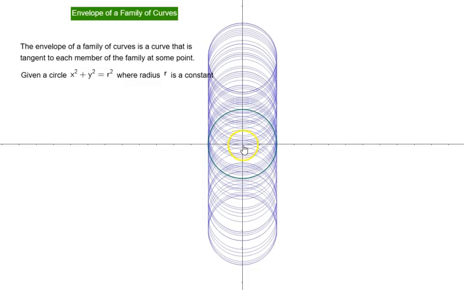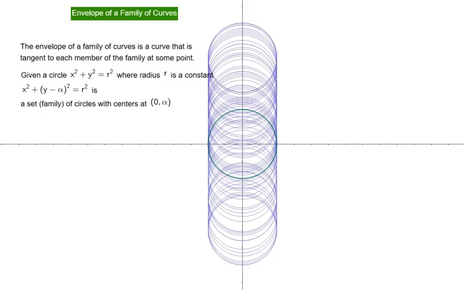So, x coordinate remains constant, y coordinate keeps changing. Something like this: x square plus (y minus alpha) square is equal to r square. Now, this we call a set or family of circles with centers at (0, alpha).